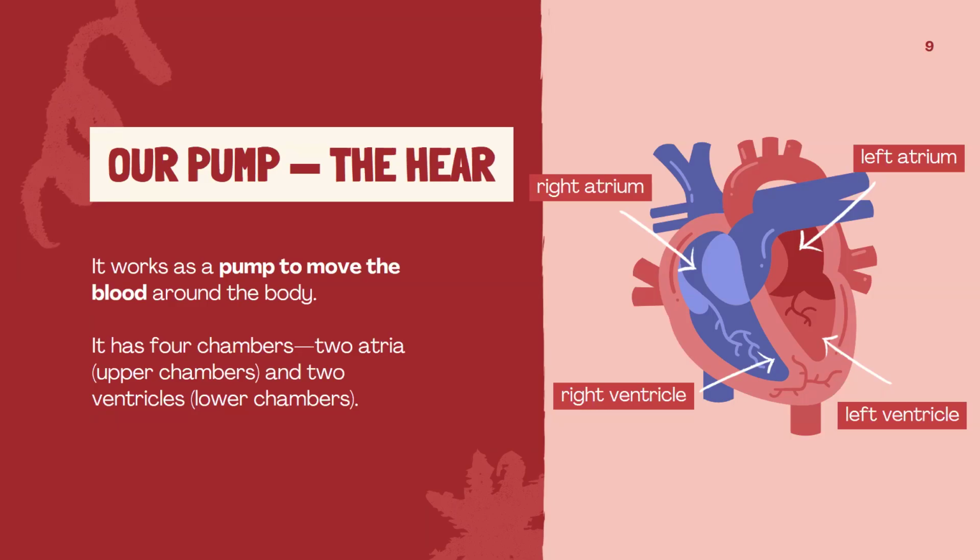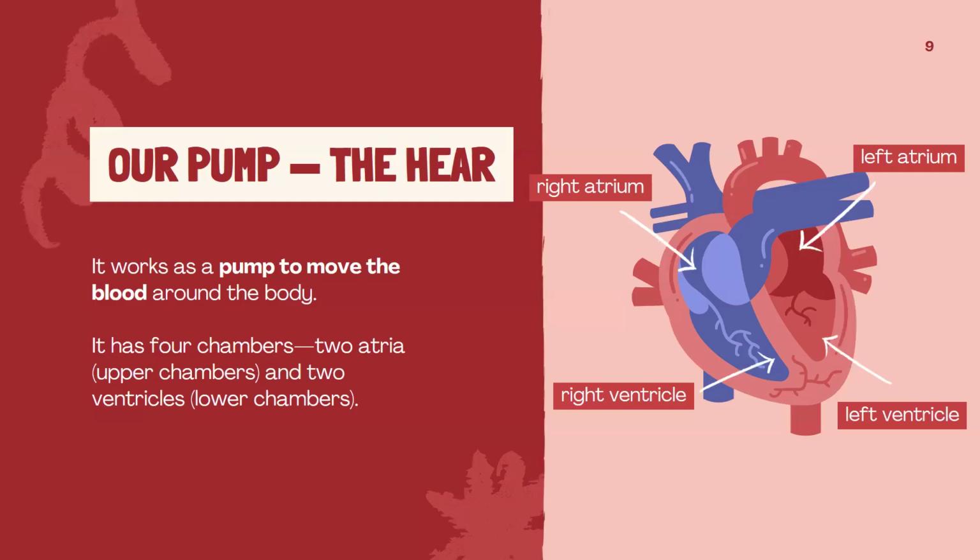Here you can see the right atrium, the upper portion. If you face the laptop, your left will be right and right will be left. Just imagine your face in front of a mirror.